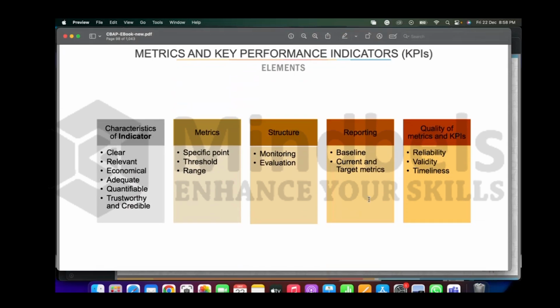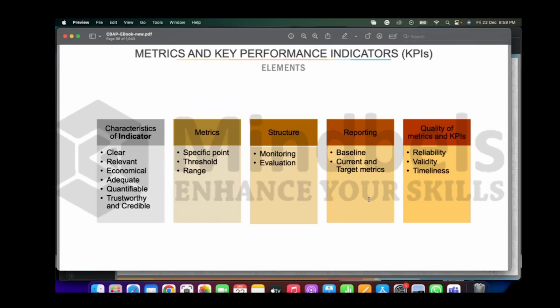And here are the ingredients or recipe of KPIs: characteristics, metrics, structure, reporting, and quality. These are the important elements in your KPI metric. You need to have a lot of information on the characteristics of the indicator, which is your performance indicators.